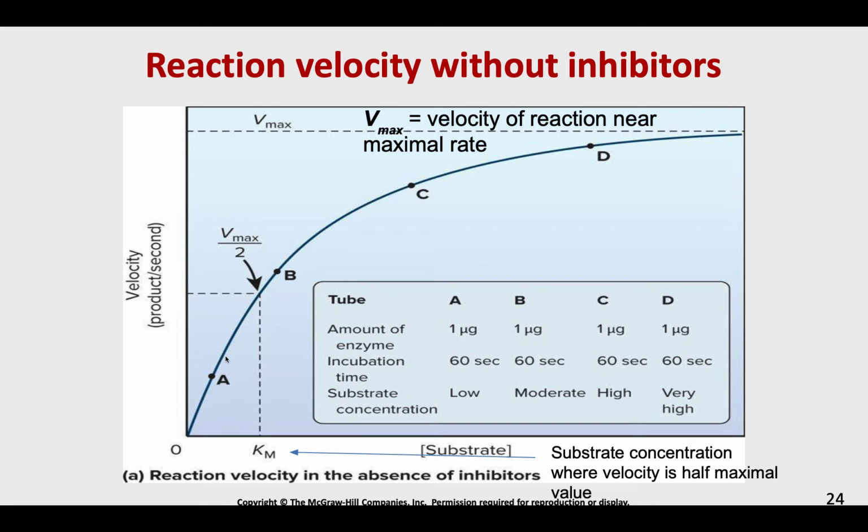This has a low concentration, this has a very high concentration. We're all trying to get to that maximum rate, the Vmax, the max amount of product that can be created because all the active sites are filled. At this halfway point, we often say it's the Km, where the velocity is half the maximum value.